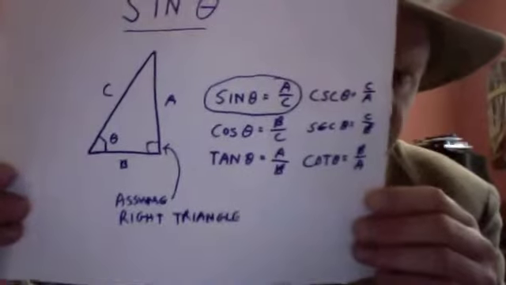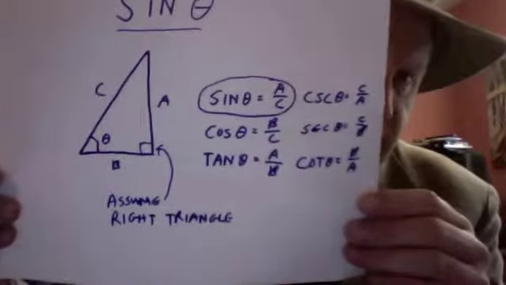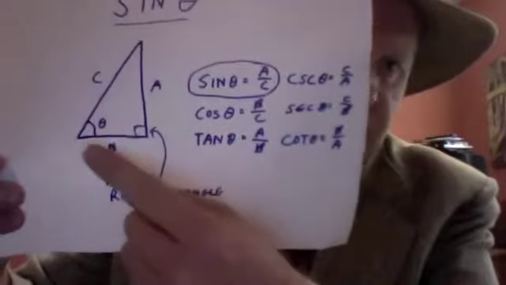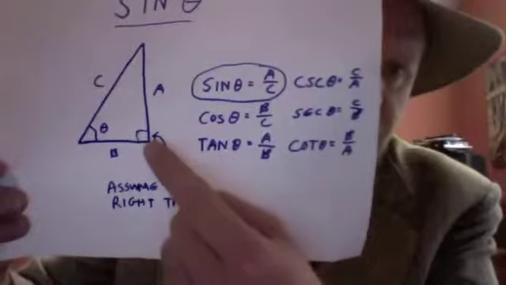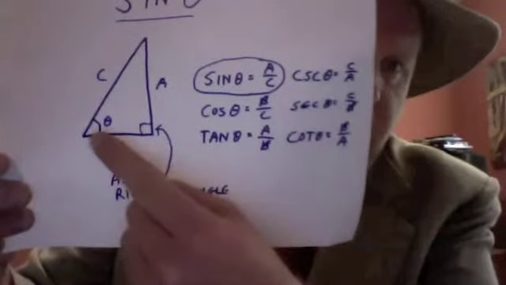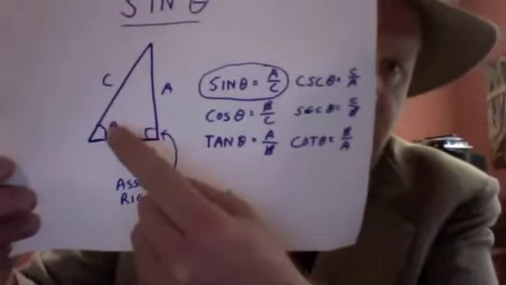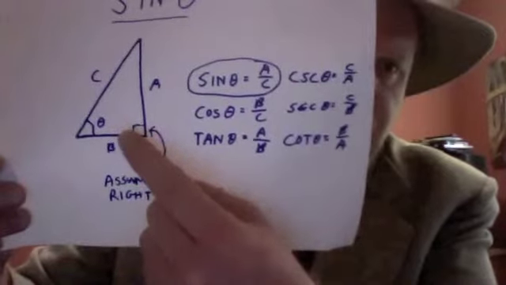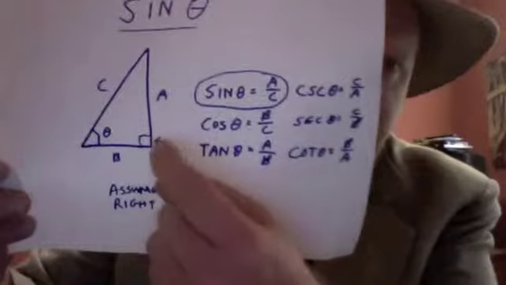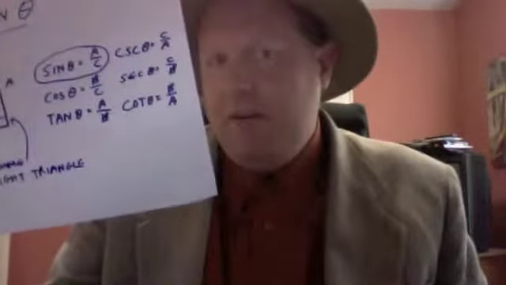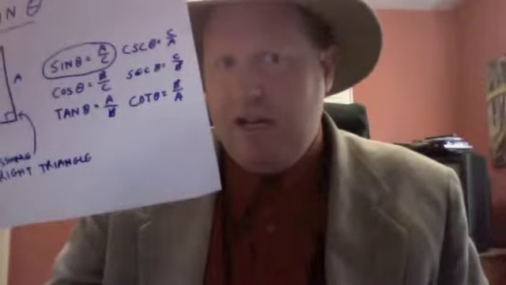First of all, what is a sine? Here's the relationship of a sine. Bottom line, the sine of the angle assumes that I have a right triangle. So if I have the sine of this angle theta, it's going to assume a relationship of A, B, and C such that I have a right triangle inscribed. Those of you who haven't learned about it yet, you'll learn about it in the years ahead.